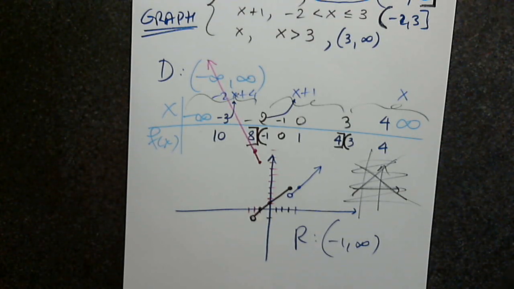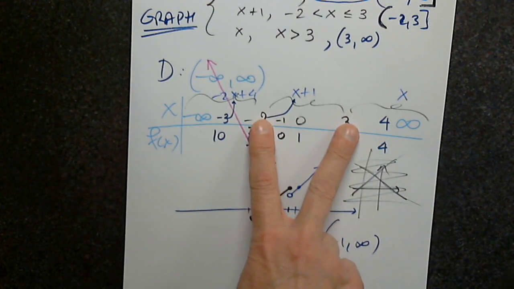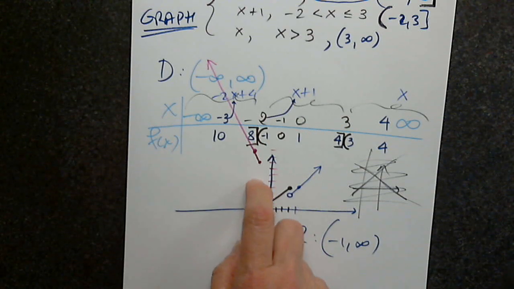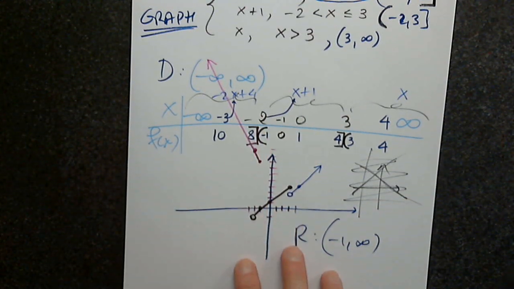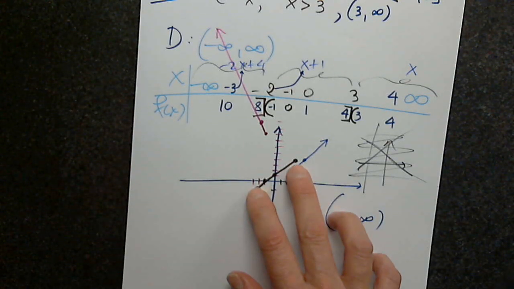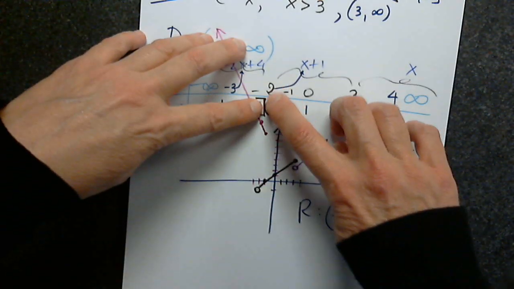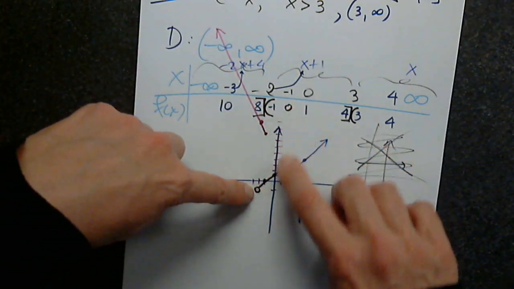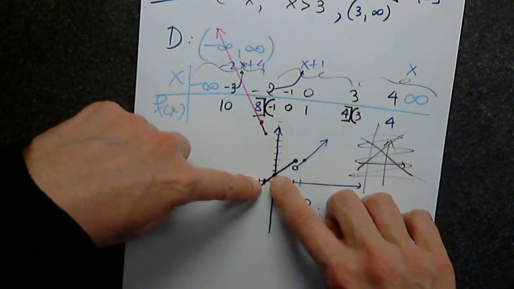So why is the second one pointing up? Not talking about the table, the graph. Why is the second one pointing up? That's what I got. -2, -1 is here. -1, 0 is here. 0, 1 is here.